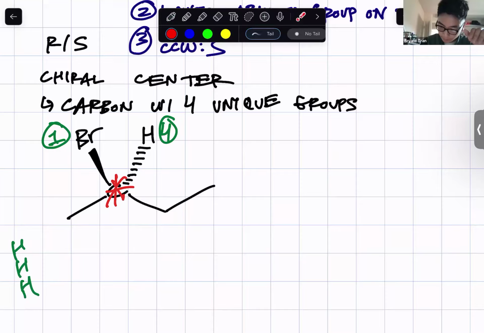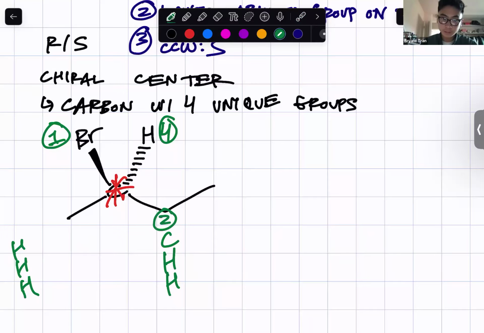Whereas this carbon right here is attached to one carbon and two hydrogens. One carbon and two hydrogens. So we now see that this carbon here has a higher atomic number than this hydrogen, making this carbon priority group number two, and this carbon will be priority group number three, right?